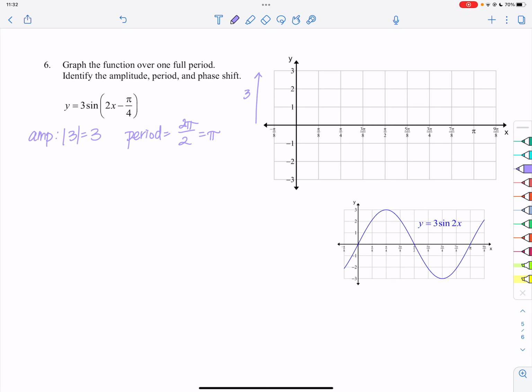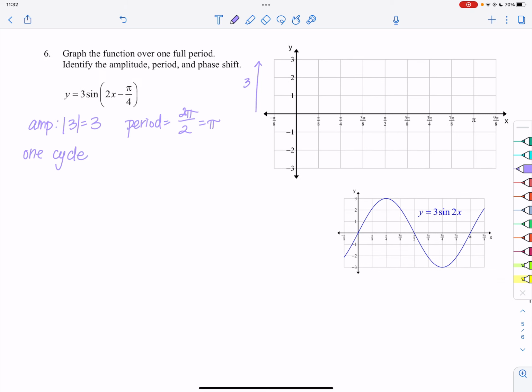Okay, then next we will talk about one cycle, and let me go ahead and highlight this. And then of course that was A. Okay, so one cycle is 2x minus pi over 4, and that's going to happen between 0 and 2 pi.